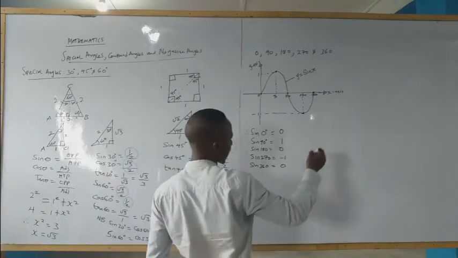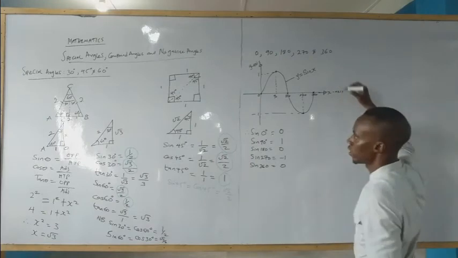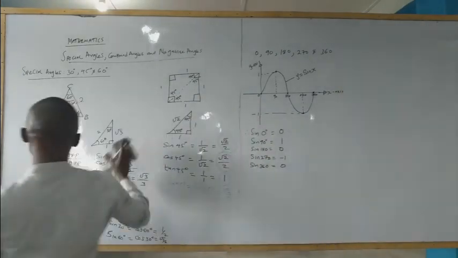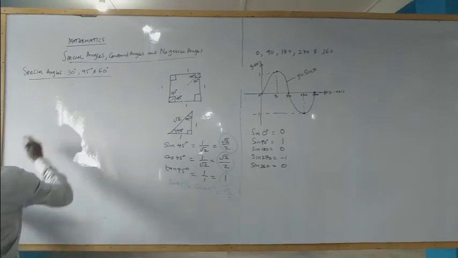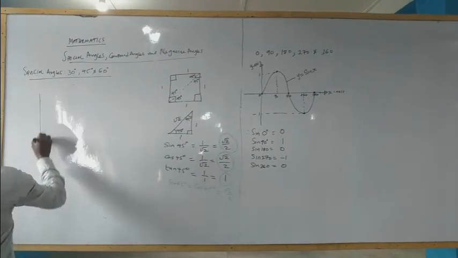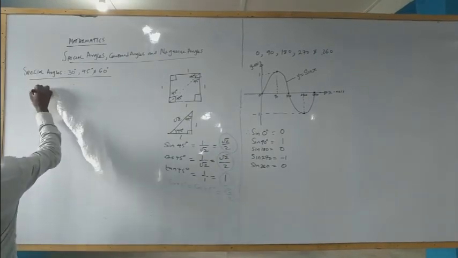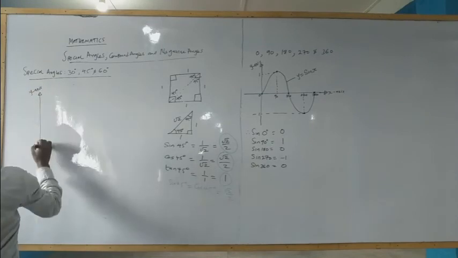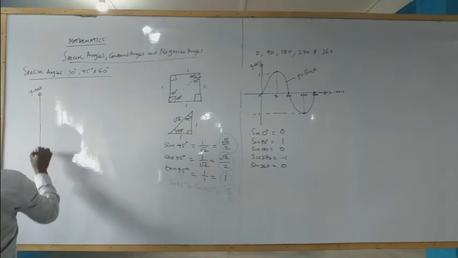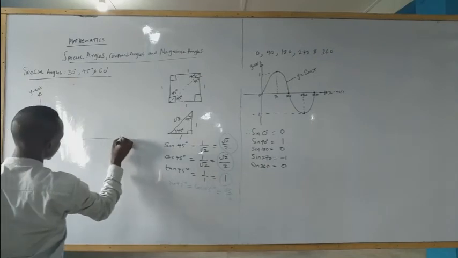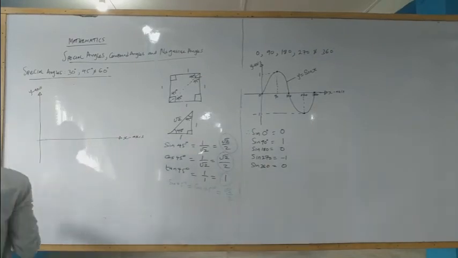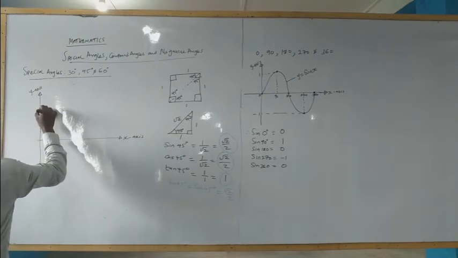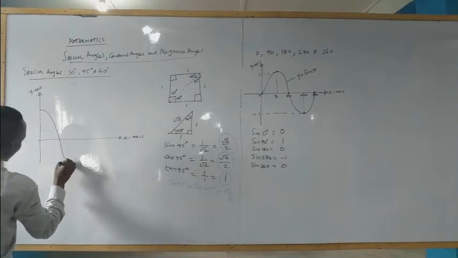In the same way, we can have that of cosine. So my y-axis, and this is the x-axis. The cosine function comes this way.